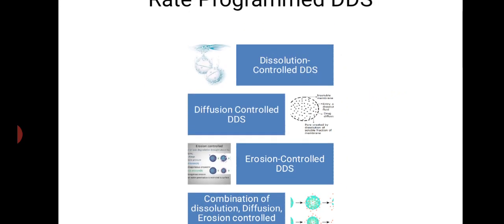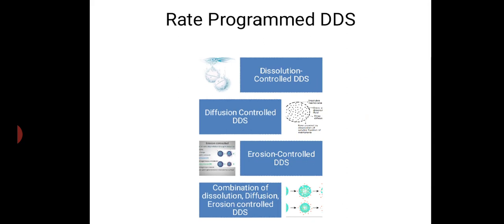First we discussed what a pre-programmed drug delivery system is. While developing the system itself, the rate of the drug release is pre-programmed. Now, on what mechanism or basis is the release being programmed? Based upon the mechanism, rate programmed drug delivery systems are classified into four.